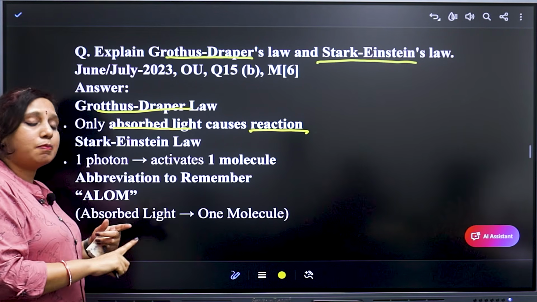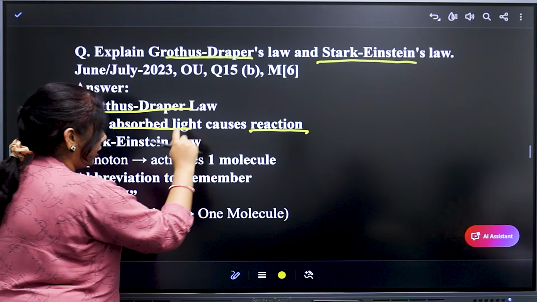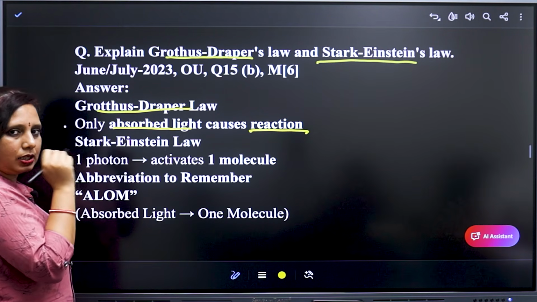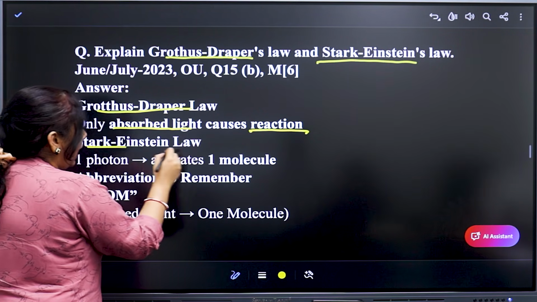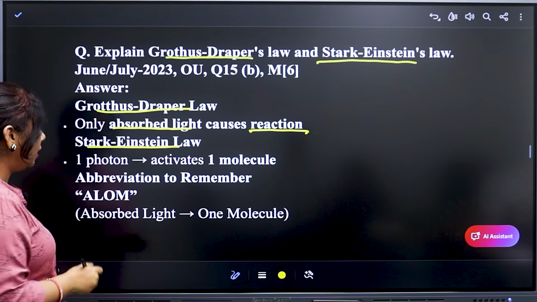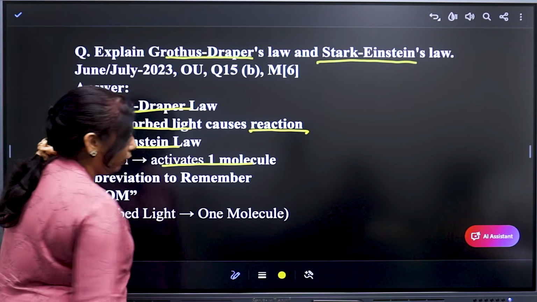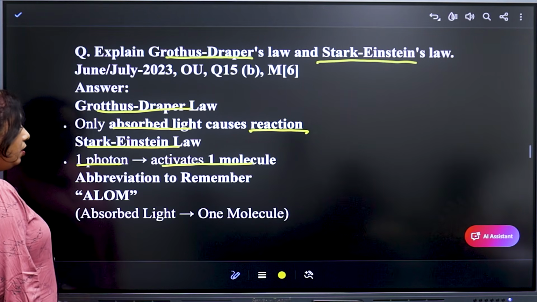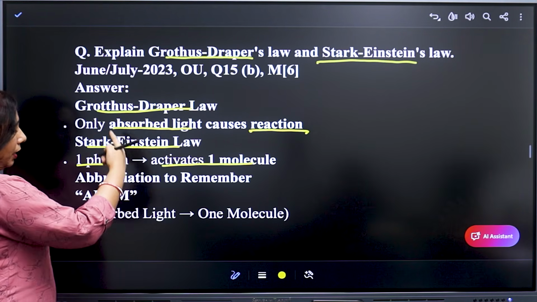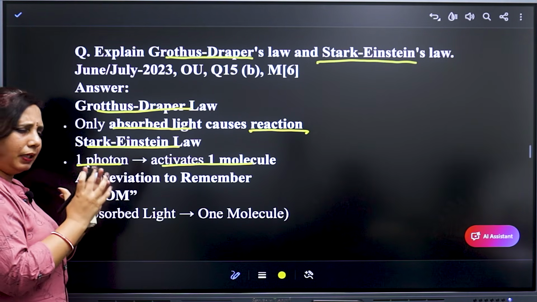So only that absorbed light causes the reaction. This is the Grotthuss-Draper law. Then the Stark-Einstein law tells that one photon can activate one molecule. So these are the Grotthuss-Draper law and Stark-Einstein law in simple form.